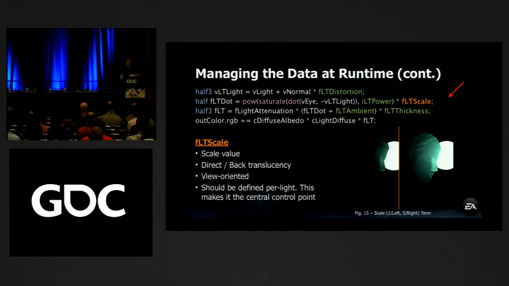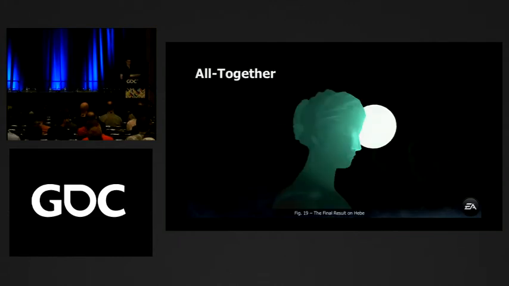That's about the only parameter you want to have per light, and the others are per material. And this is really important because artists can define sets of materials that they will reuse later. For example, they can define plastic or marble and concrete and reuse those fixed parameters on all surface types, and for the lighting just have to tweak one scale per light. And this is why this is really important.